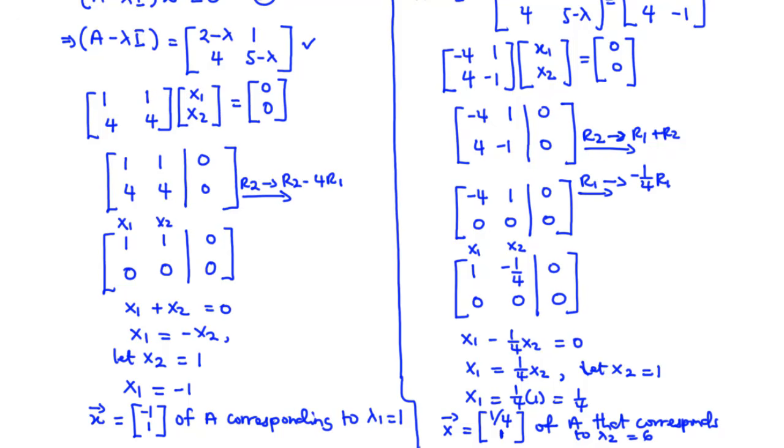So in summary, we have the eigenvector -1, 1, corresponding to the eigenvalue lambda 1 equals 1, and then the eigenvector 1/4, 1, also corresponding to the eigenvalue lambda 2 equals 6.